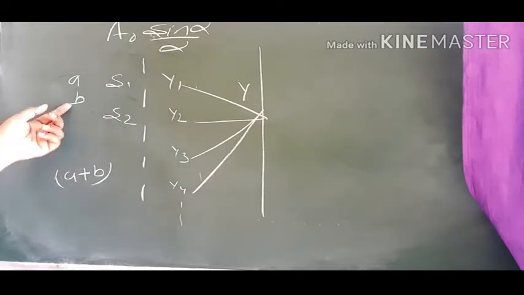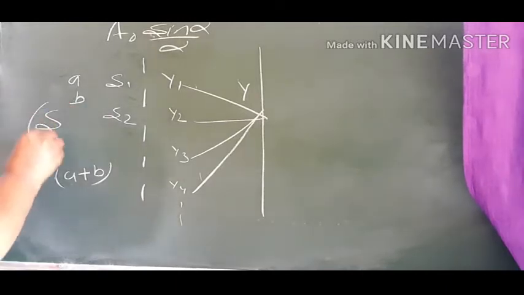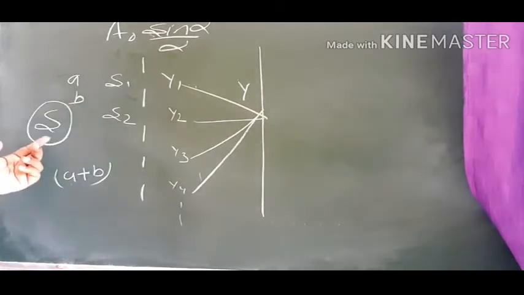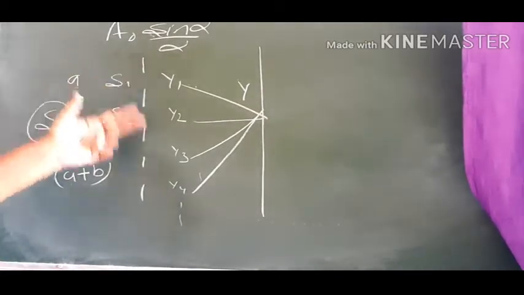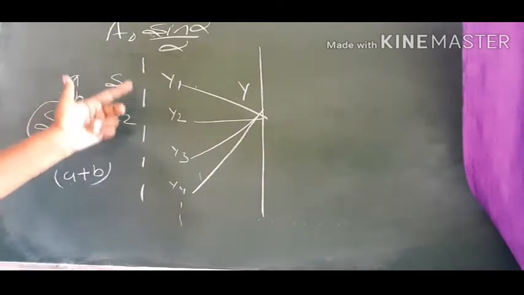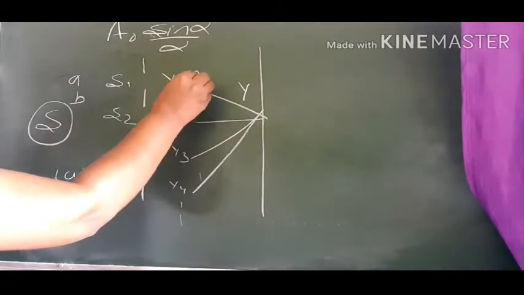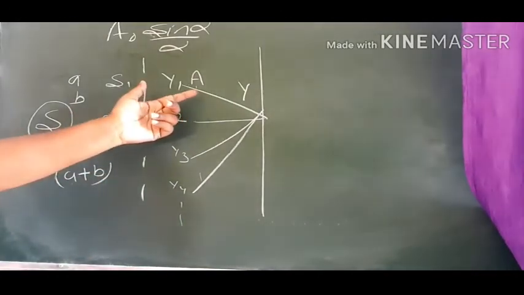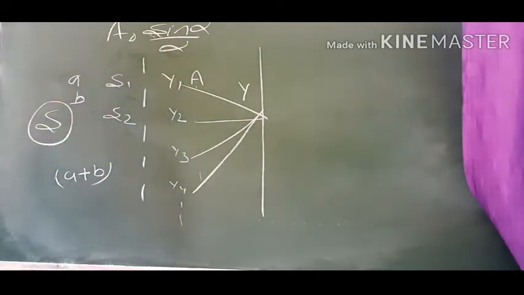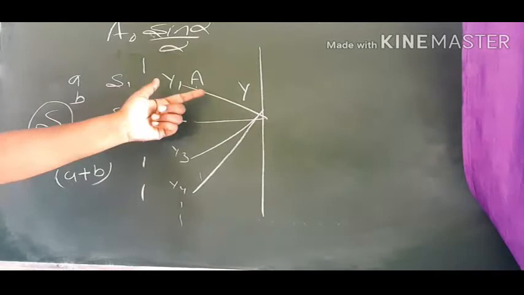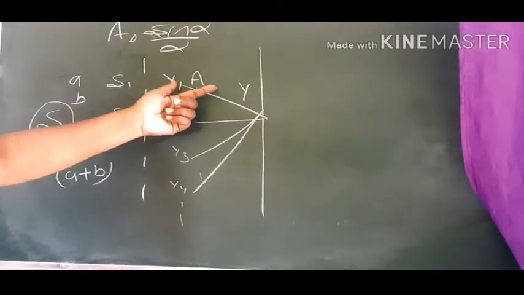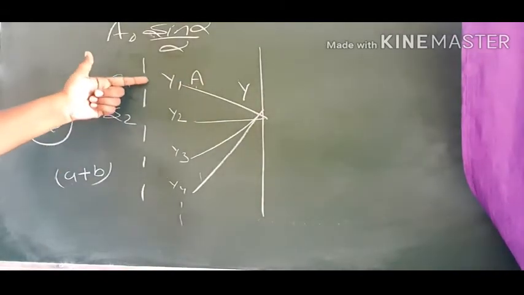Because the original source is the same, single, suppose S is the source of monochromatic light, all rays coming from all these slits have the same amplitude. Suppose A. In the previous case we studied, A is the effective amplitude due to all the rays coming from a single slit.